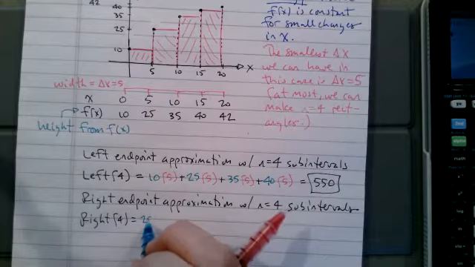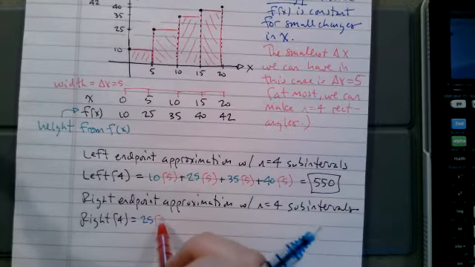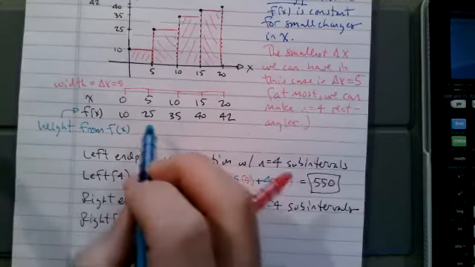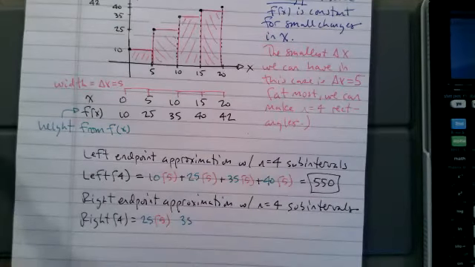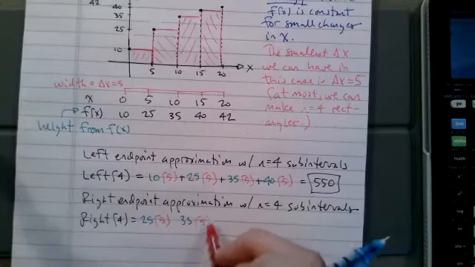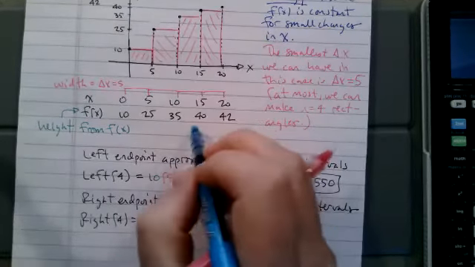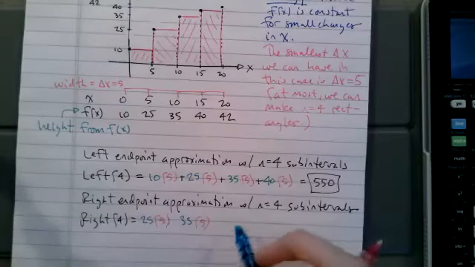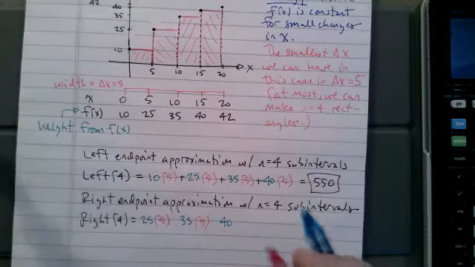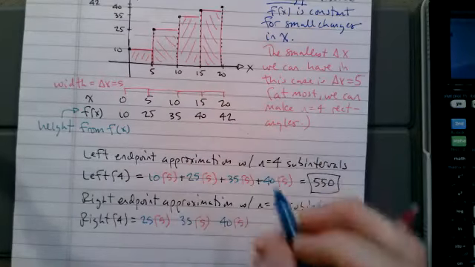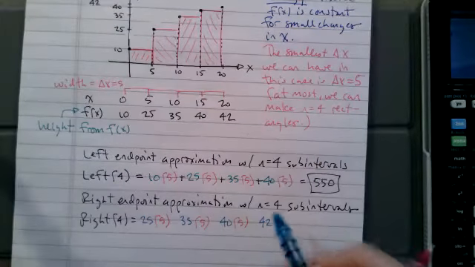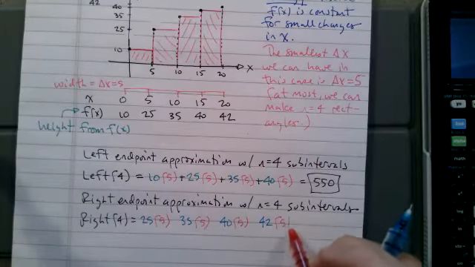So 25 times 5. Then the next rectangle is 25 on the left and 35 on the right, so we'll use 35 because we're using the right endpoint approximation. Then the third rectangle has 35 on the left and 40 on the right, so we'll use 40. Then the last one has 40 on the left and 42 on the right, so we'll use 42 times 5.